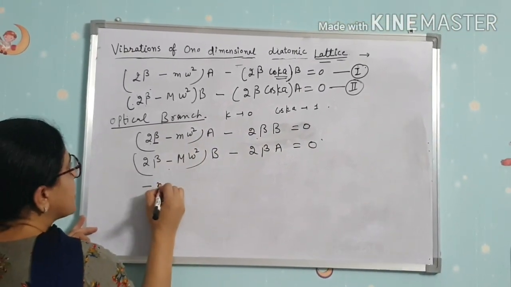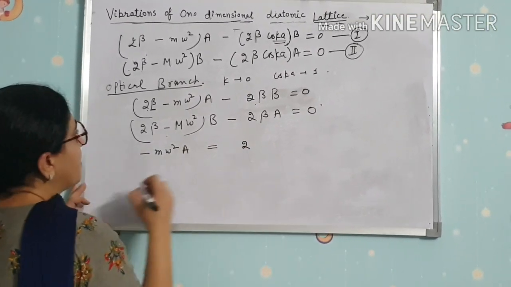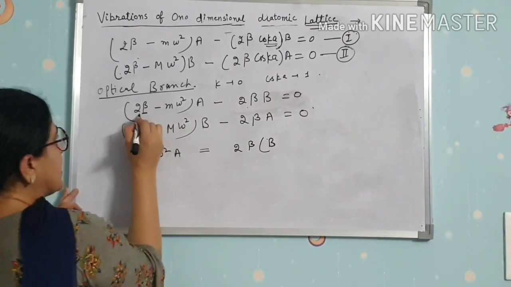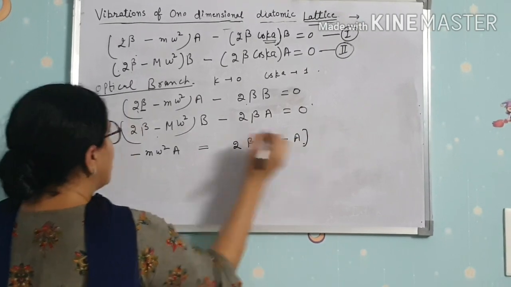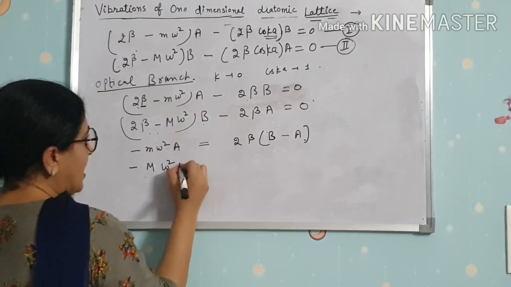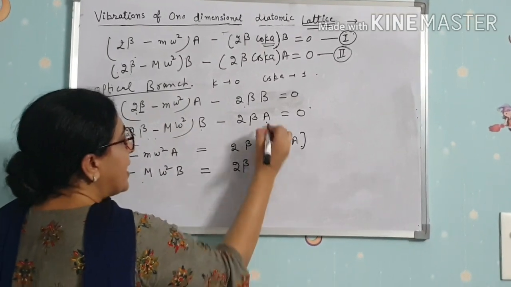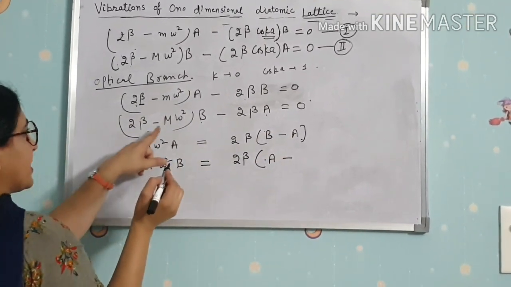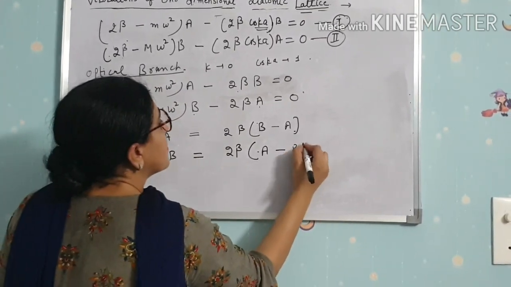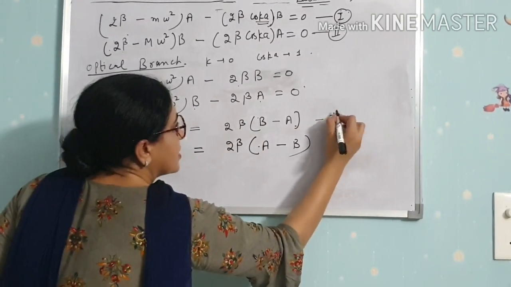Now taking the terms of beta on the right hand side. From the first, minus m omega square A equals 2 beta B minus A. From the second, minus capital M omega square B equals 2 beta, outside, A minus B. Now divide these two equations, equation number third and equation number fourth.